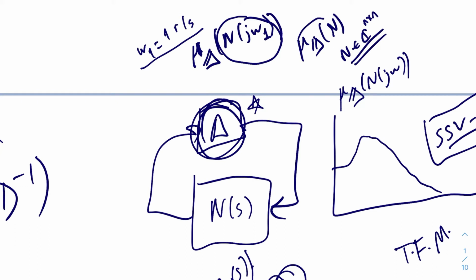Just compute this, and we know the structure of the uncertainty delta. This is our main problem.